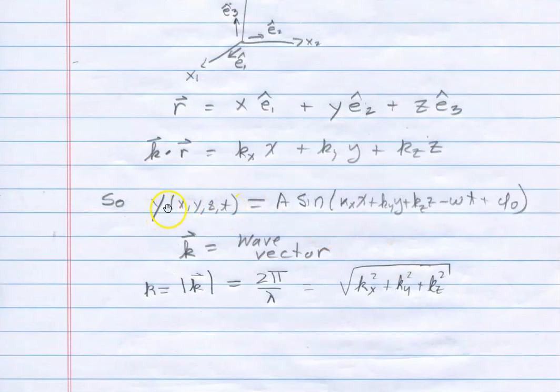So a 3-dimensional harmonic wave looks like this, where k is, as I said, the wave vector, and its magnitude is the wave number, which is 2 pi over lambda, the square root of kx squared plus ky squared plus kz squared.